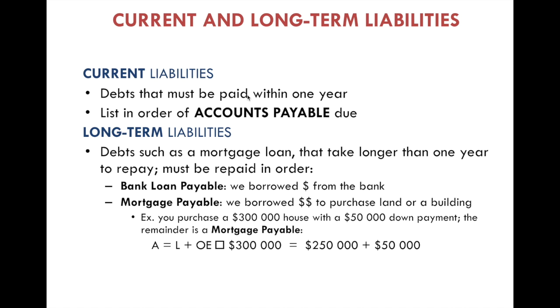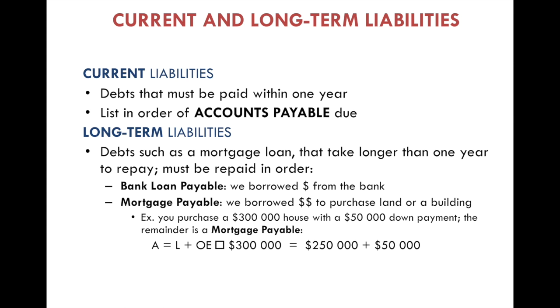Now, liabilities are divided similarly to assets in that there are current liabilities and long-term liabilities, instead of calling them fixed, because they're not fixed. We deal with these over time. So current liabilities are debts that must be paid within a year, and we list them in order of when they're due. What that means is that we list the ones that we have to pay earliest first.